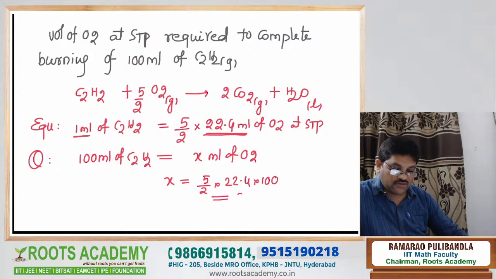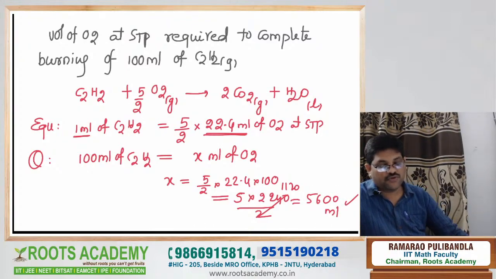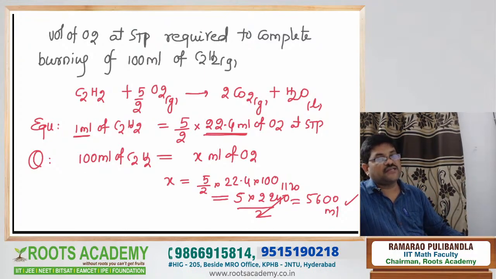That becomes 5 into 2240 by 2, which is exactly 1120 times 5, so you get 5600 ml of O2 gas required.